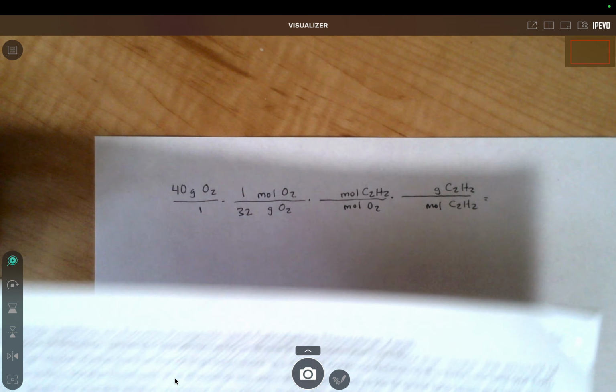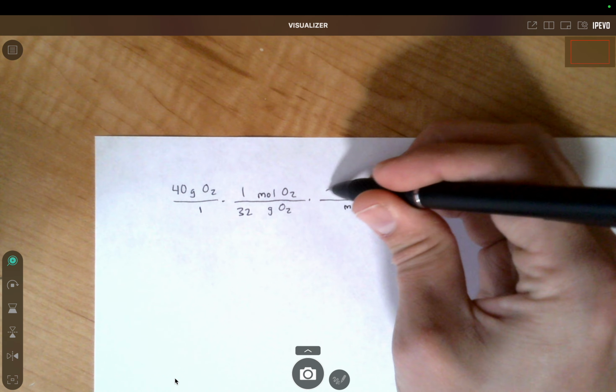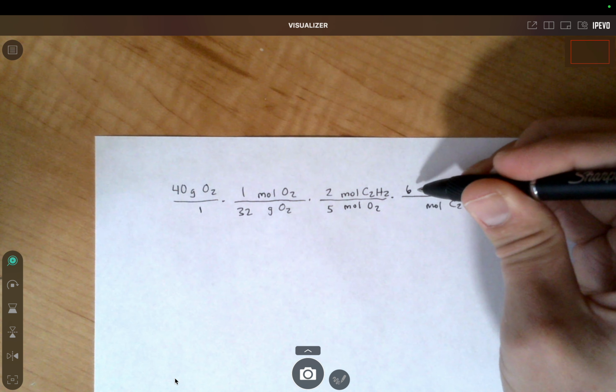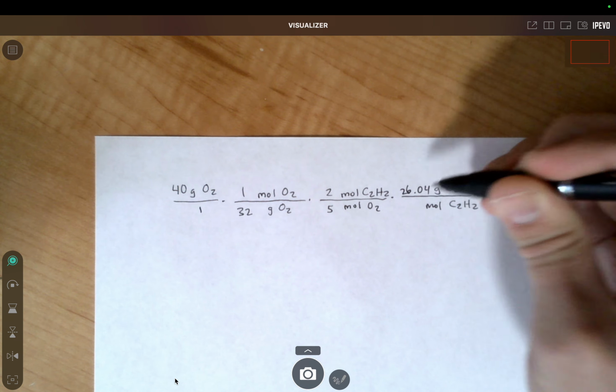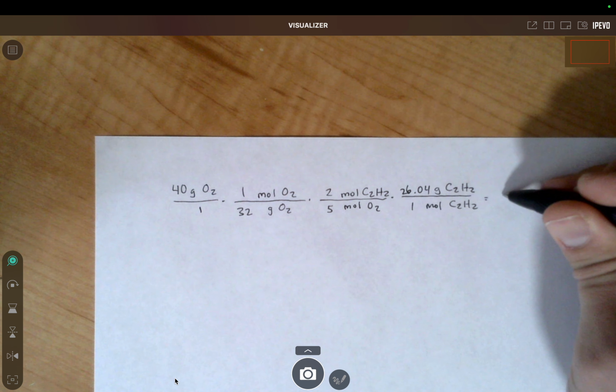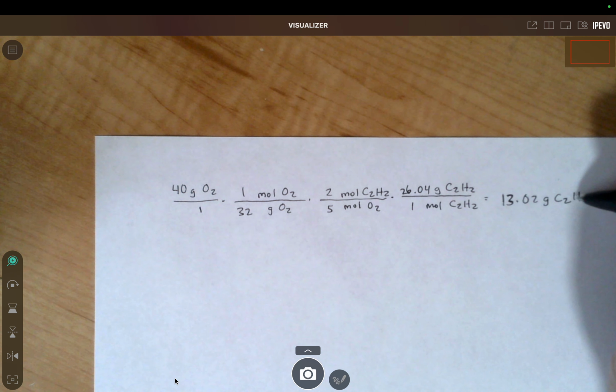And in our balanced chemical equation here, it says for every 2 moles of ethyne, we use 5 moles of oxygen. So that's 2 and 5. And then 26.04 grams of ethyne per mole. When I plug in these numbers, 40 times 2 times 26.04 divided by 32 divided by 5. My answer ends up being 13.02 grams of ethyne.